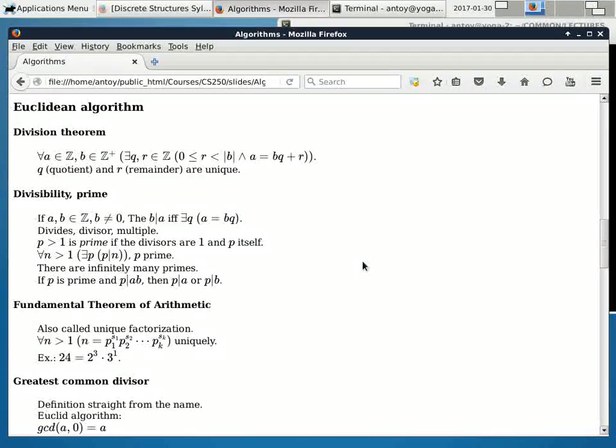We will make an example. Who wants to give me two numbers? 27 and 4. This is my A and this is my B. All right? 4 is not 0. It's just an observation. You are required to pick a non-zero B, right? So the theorem says, look, there exist a Q and an R such that 27 is equal to Q times 4 plus R, and R is between 0 and 4.